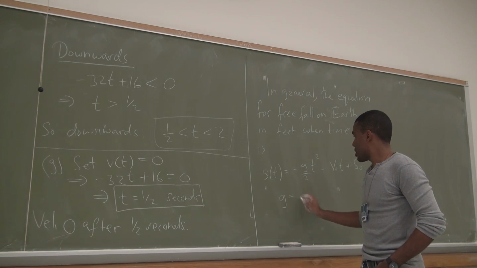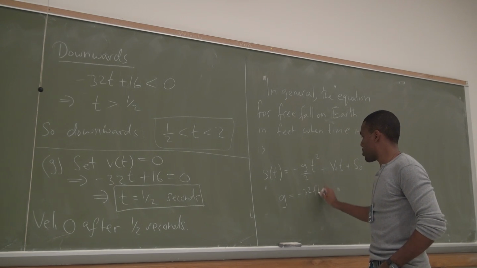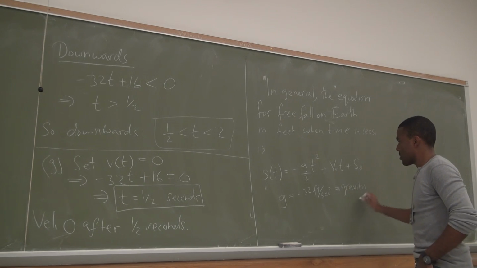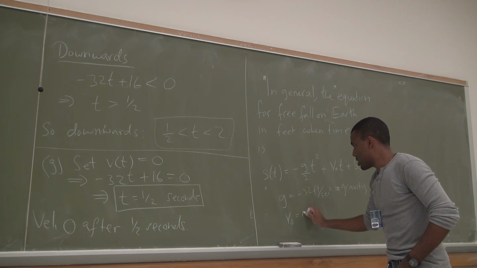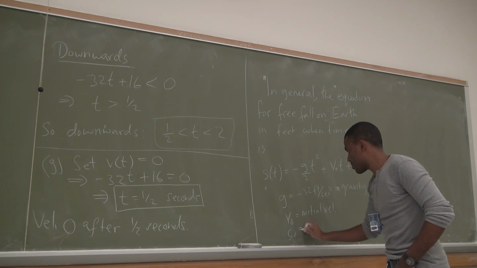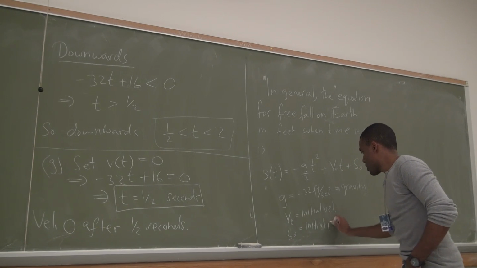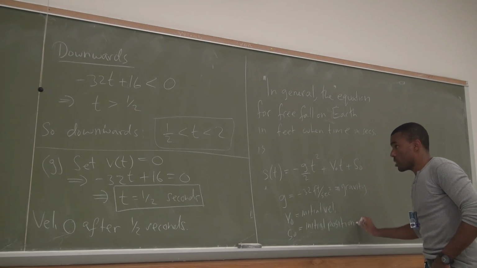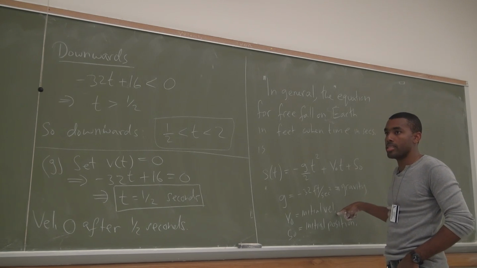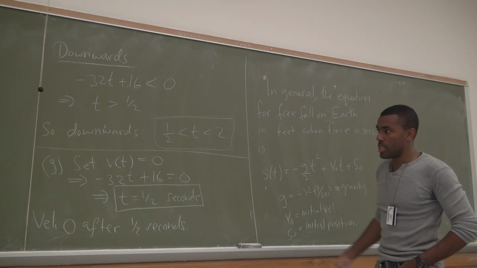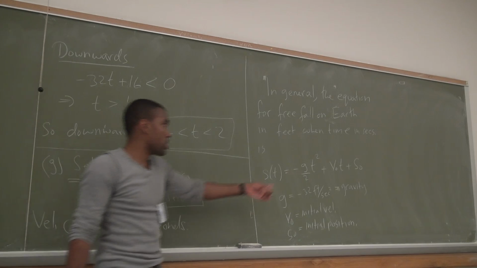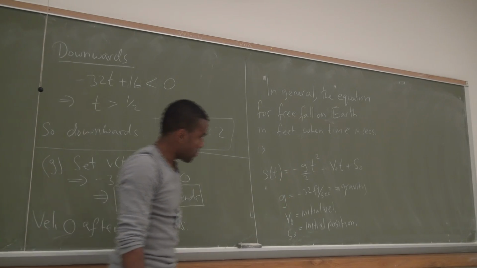Where g is 32 feet per second squared, which is the force of gravity. v0 is initial velocity. s0 is initial position. So in our example, he started at 32 feet above ground and his velocity was 16 feet per second at takeoff. Right? And with those statistics, he'll hit the water in 2 seconds, as long as he's only under the force of gravity.